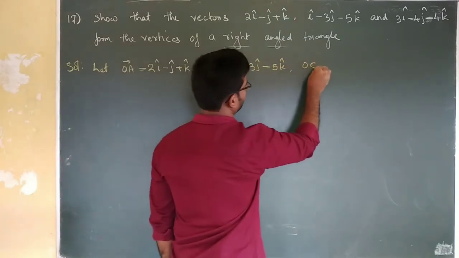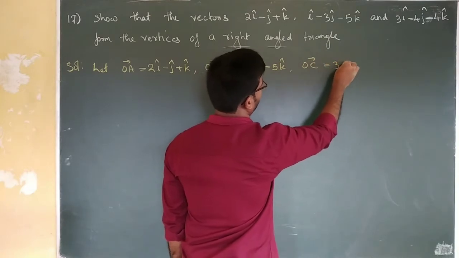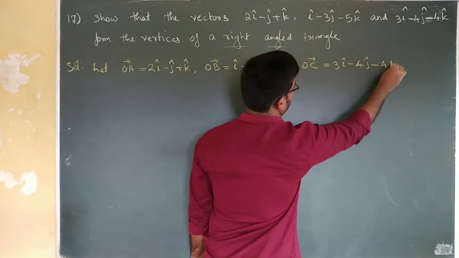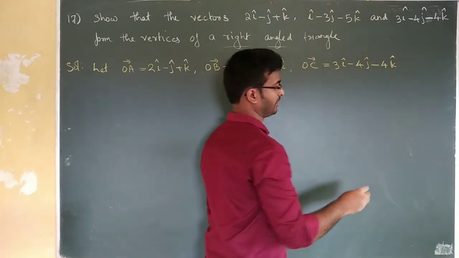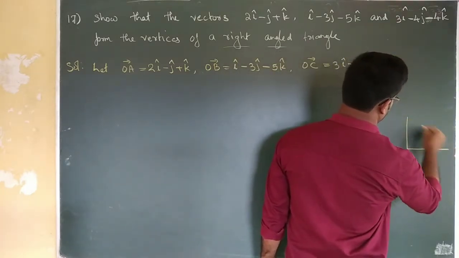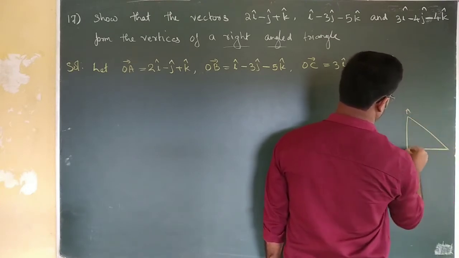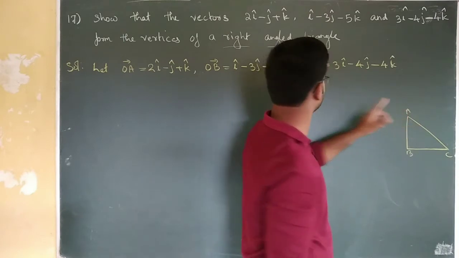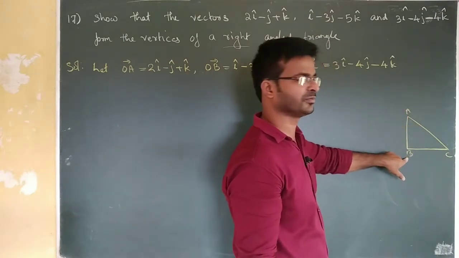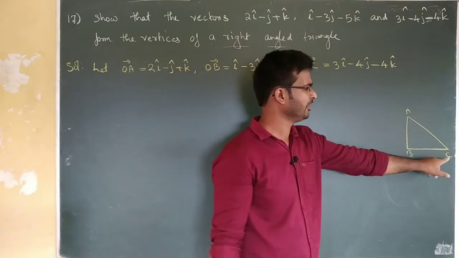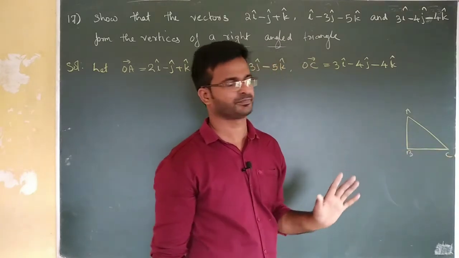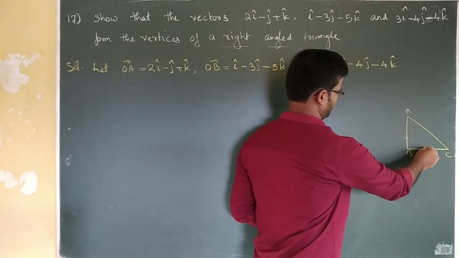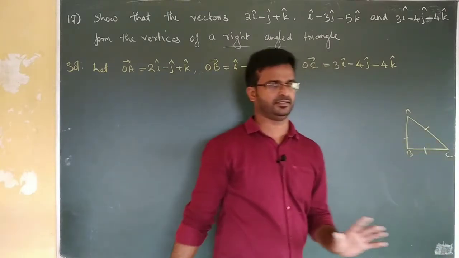Last vector is OC vector, 3i minus 4j minus 4k. If you consider a right angle triangle ABC, the position vector of A is the first vector, position vector of B is the second vector, similarly position vector of C is the third vector. What we will do? First we will find AB, then BC, then last AC.